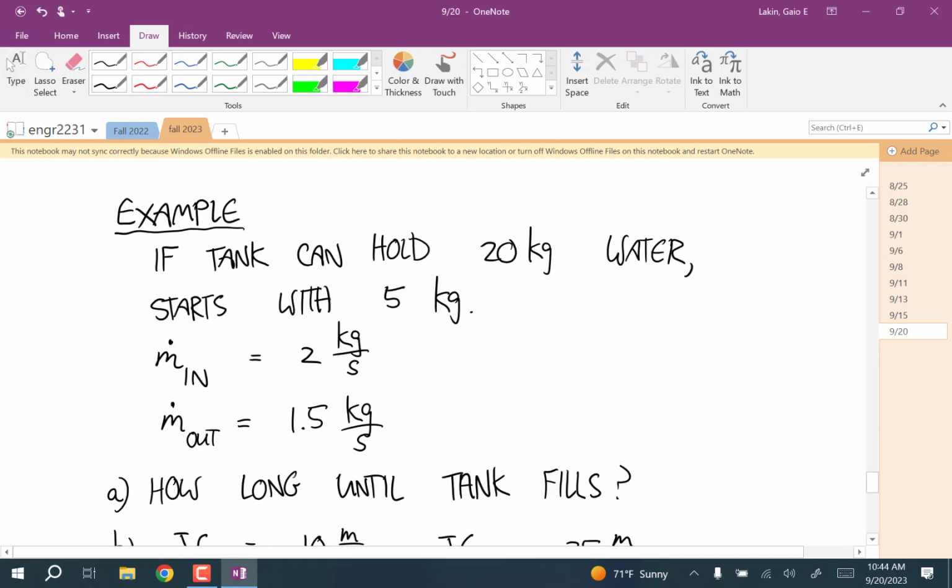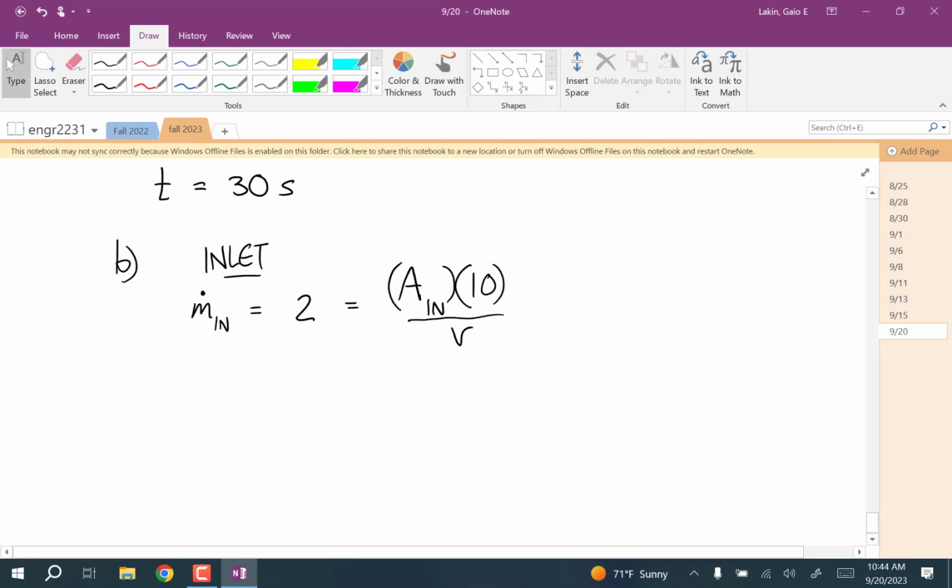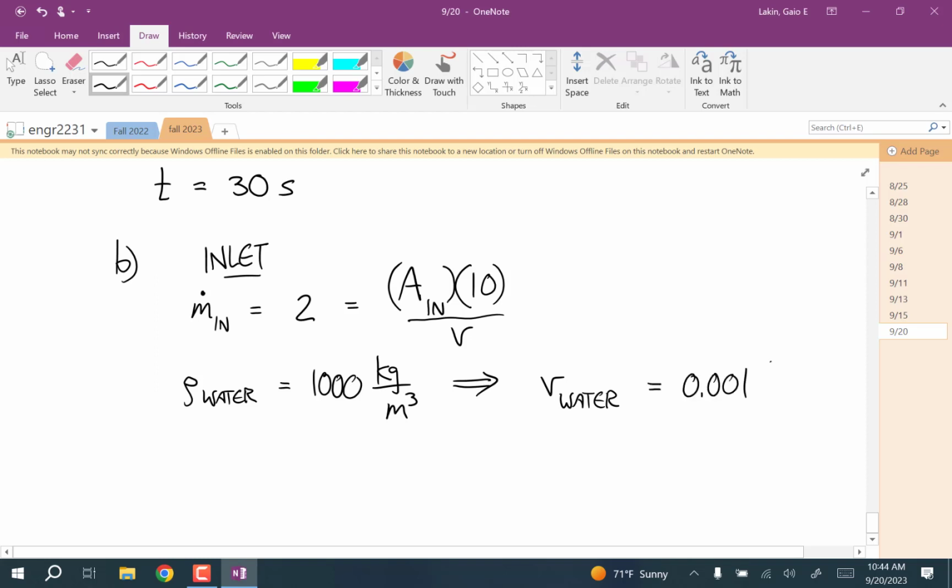I said this was water, right? So we know that the density of water is 1,000 kilograms per cubic meter. And so that says that the specific volume of water is the reciprocal of that, so 0.001 meters cubed per kilogram.